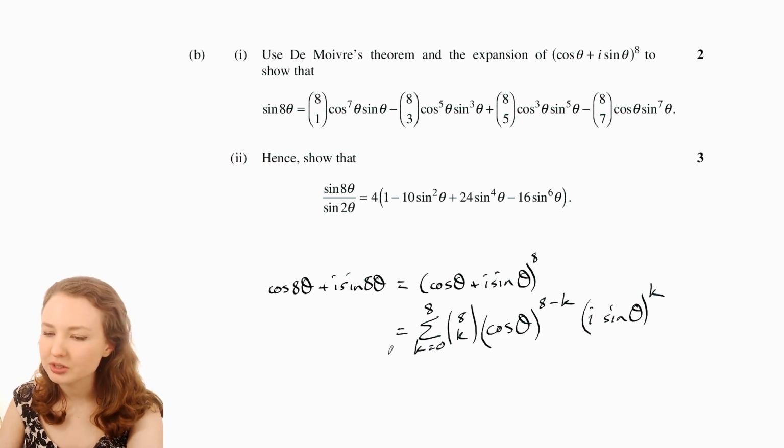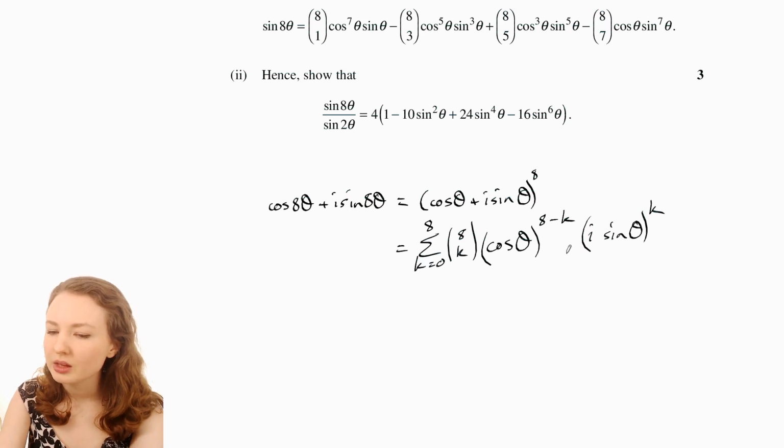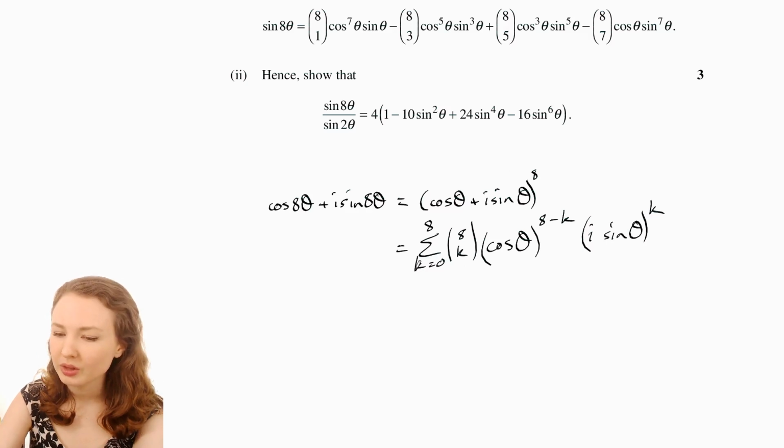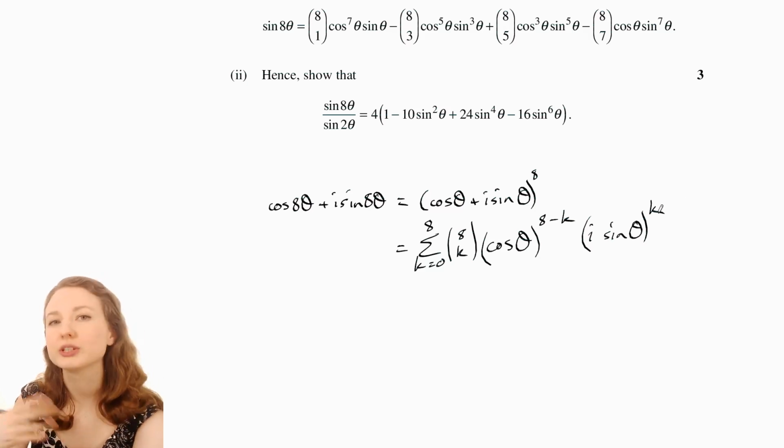Now we're just interested in the imaginary terms there. When k equals 0, you're going to get i to the 0, which is 1, so that bit's real. We don't care about that one. When k equals 1, you're going to get i to the 1, which is imaginary. When k equals 2, you're going to get i squared, which is negative 1, which is real.